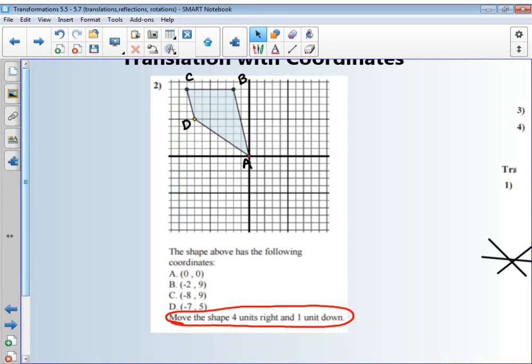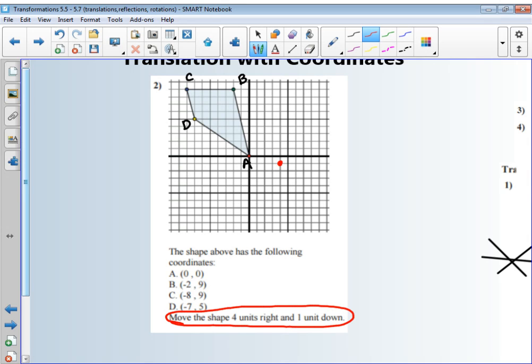Okay. All right. So we're going to go ahead and do the translation. So I'm going to pick one of them and follow that translation. So for A, I'm going to go over 4 and down 1. So over 4, 1, 2, 3, 4, down 1. That's where my location for my A should be. Okay, for B, and I don't like to put my letters on until I'm done, and I'll do that as the last step. So for B, I'm going to follow that same translation.